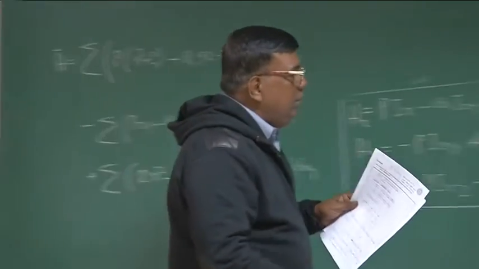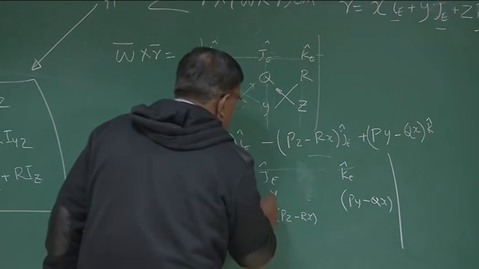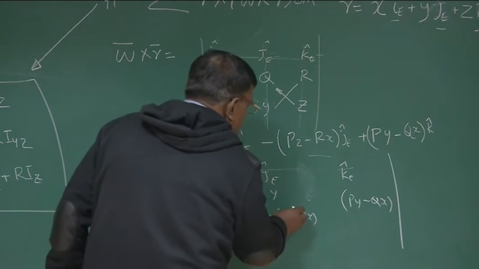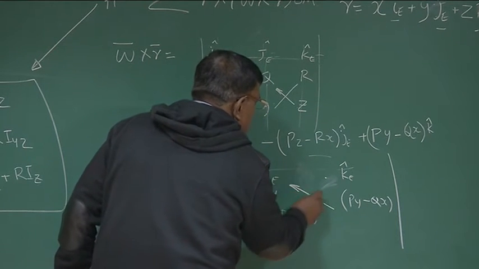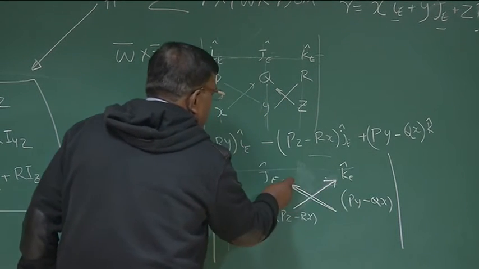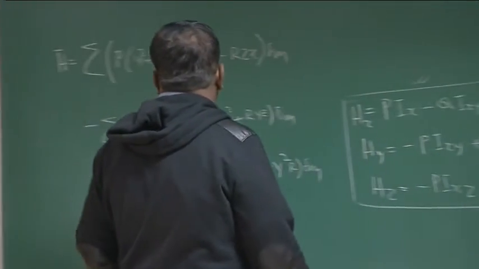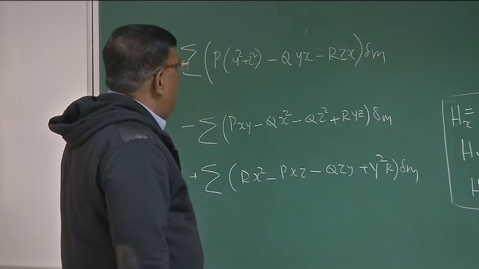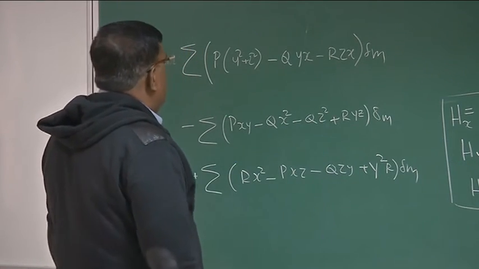Clear? For example, if I take the first term, this will be i, and this into this, minus this into this. That is the procedure. So immediately you can see you get p y square here, right? Accordingly you can develop the rest. But let us give an interpretation.